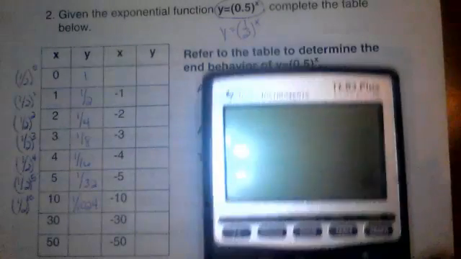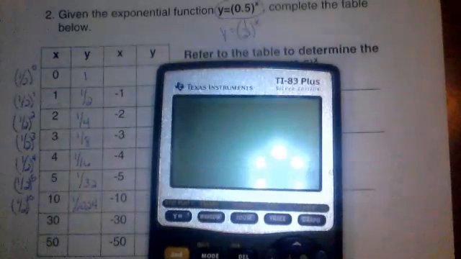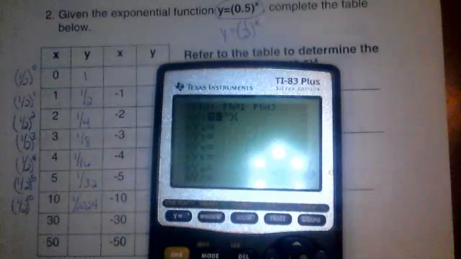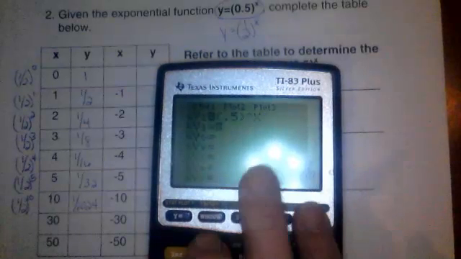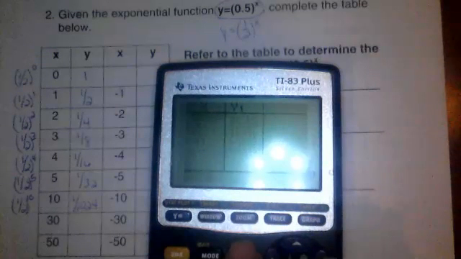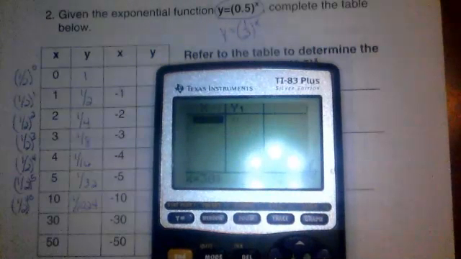And I'm going to go ahead and use the calculator for my 30th power. So I need to go to y equals and put in my function. So 0.5 raised to the x. And now I'm going to go to my table. I'll delete all of these that are in there, and we're looking for 30.